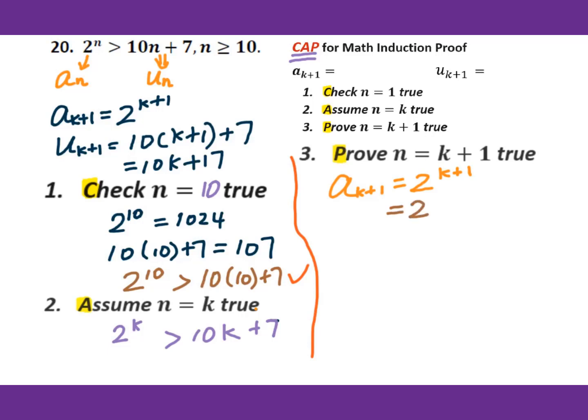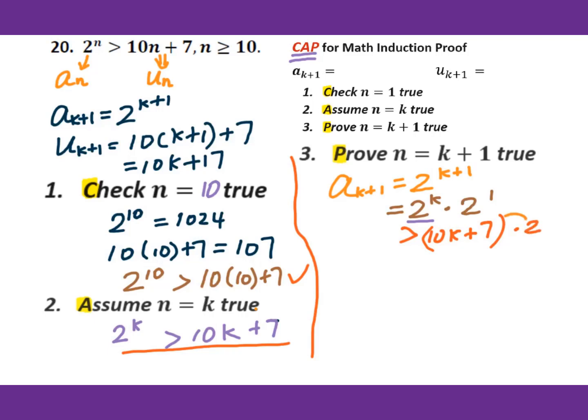I can write down 2 to the k's power times 2 to the first power. 2 to the k's power is greater than 10k plus 7, so I can write down it's greater than 10k plus 7, then times 2.